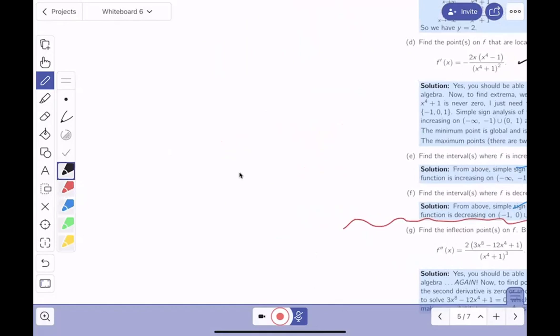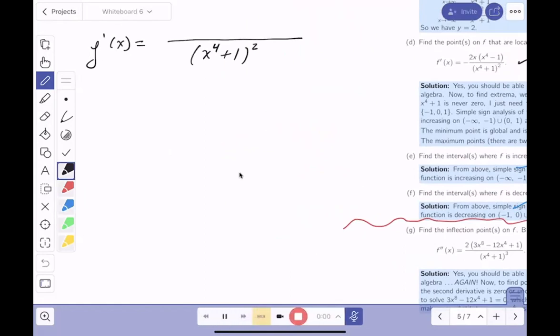Let me write this down. So let me write down what f prime of x is. It's going to be (x^4 + 1)^2. But I go too fast with that, just copying. And I got to be really careful.